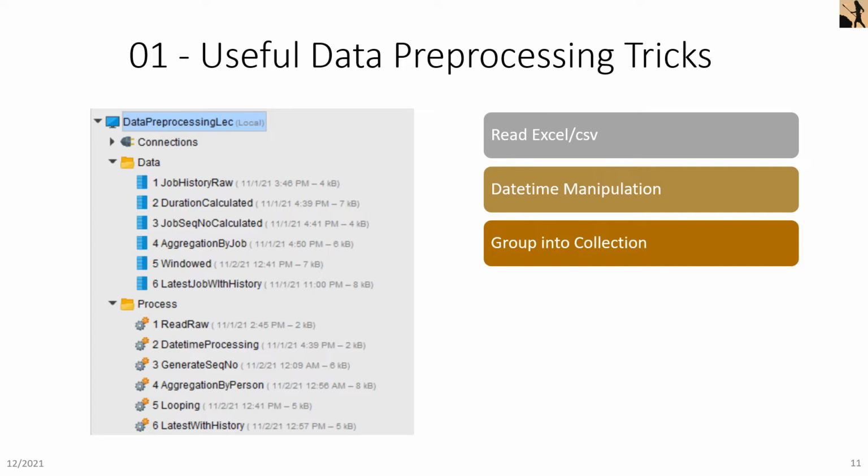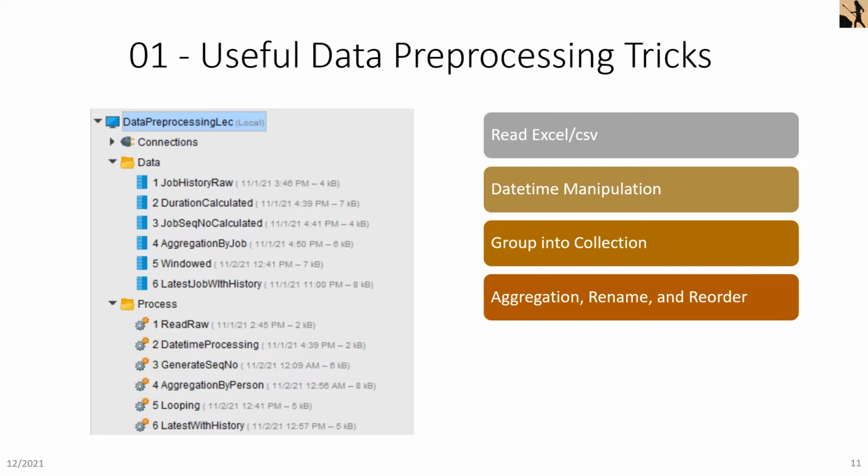And this group into collection is where we can move up the granularity level from jobs to employees. And we can also do some aggregation, and the renaming operator is particularly useful to rename the system generated aggregation column names. And we probably have to practice some of this regular expression so as to handle these particular tasks well.